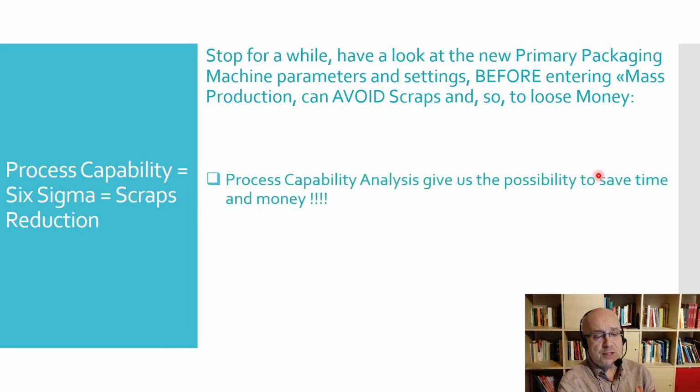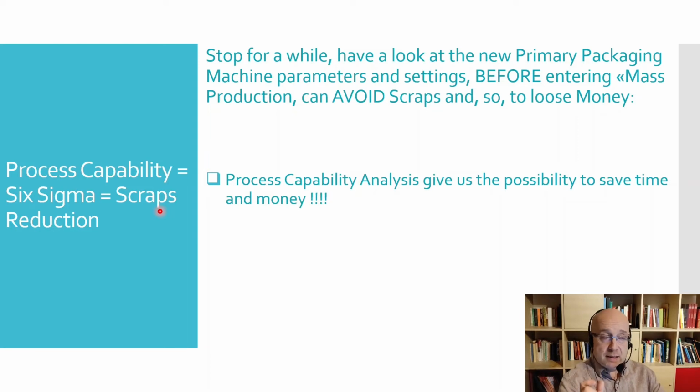Because at the end, process capability analysis is a statistical tool that gives us the possibility to save time and money, because process capability equals Six Sigma, we already know this, and equals scraps reduction. Just looking at a few samples and verifying that they are within specifications will lead us to a wrong approach, thus leading to a lot of scraps.